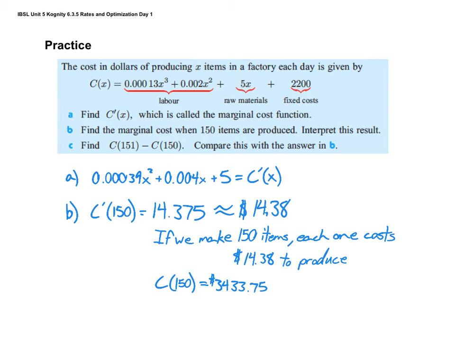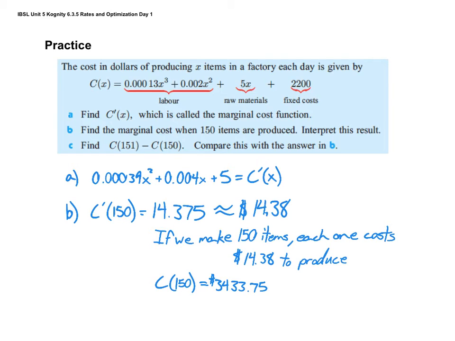So each one costs this much to produce, or we could say the total cost is changing by $14.38. You could think of it as to produce one more, it would cost another $14.38.